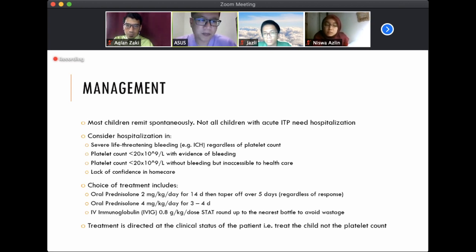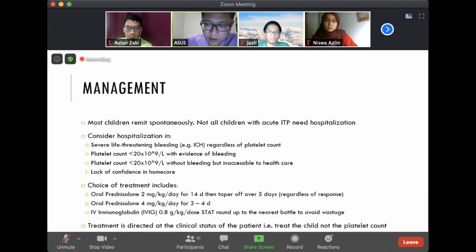Okay. All right. Quite straightforward. Any questions? So if you get two cases like this, remember the differential. For the second case, the differential should be ITP, infection, leukemia, hemophilia, as compared to the first case.